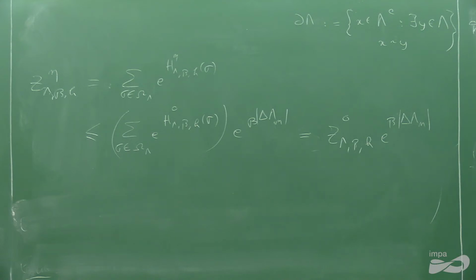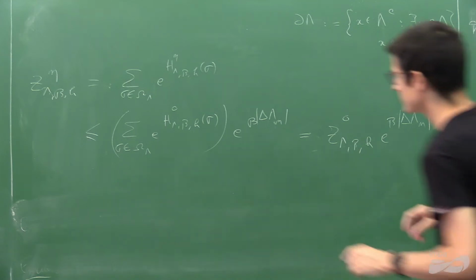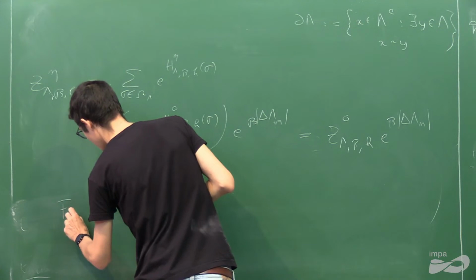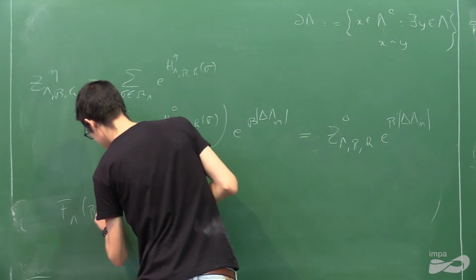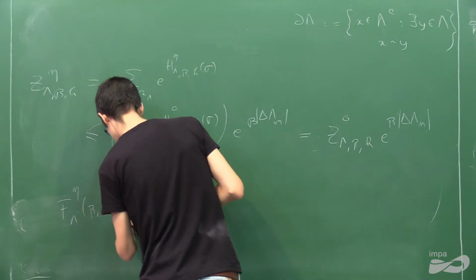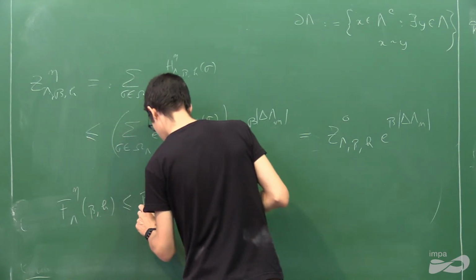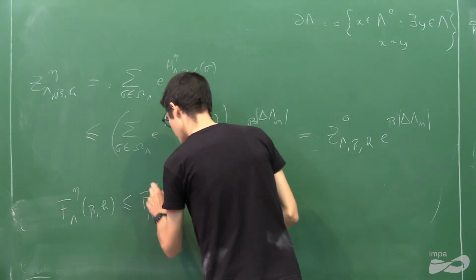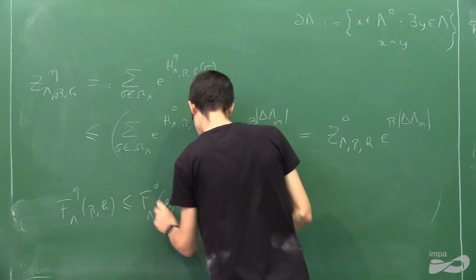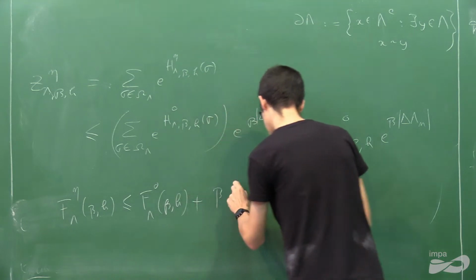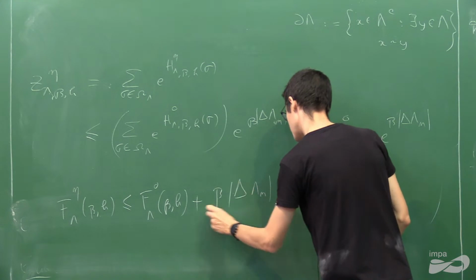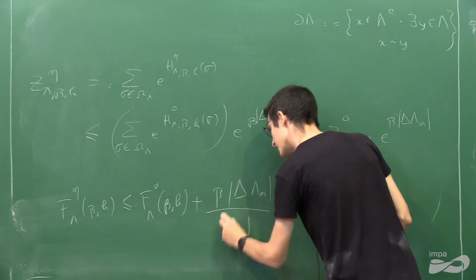Now if you take the log and you divide by lambda n, what you get is that f lambda beta h eta is smaller than f lambda 0 beta h plus beta times delta lambda n over lambda n.